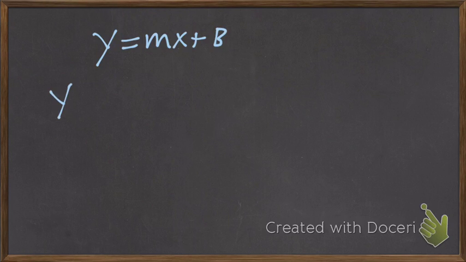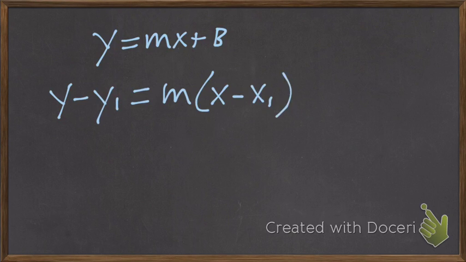Now, it's important to understand also that all of these forms, y equals mx plus b, y minus y1 equals m times x minus x1, and ax plus by equals c, all three of these forms will be on your formula chart during the EOC.